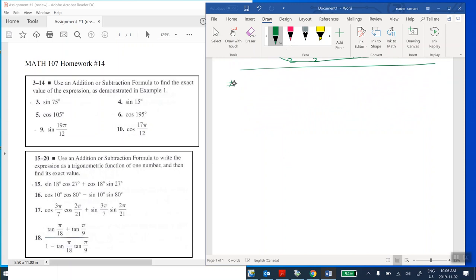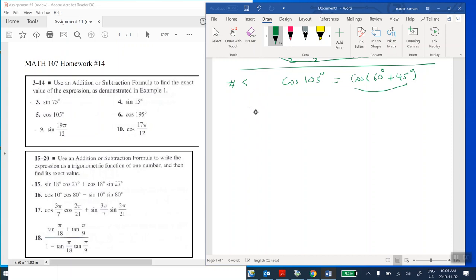Number 5. So we have cosine of 105, and I'm going to write this thing as, for example, cosine of, let's say, 60 degrees plus 45 degrees, because for each one of them I know sine and cosine. And now we go to the formula for cosine of the sum of two angles.